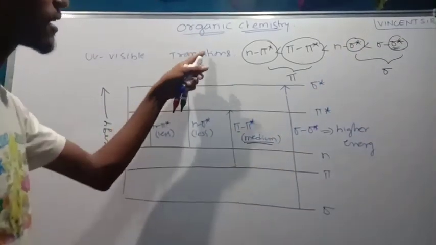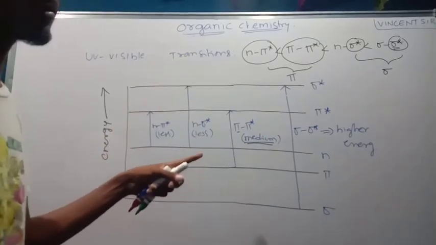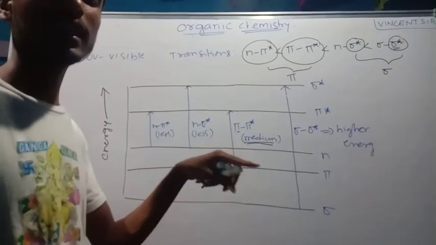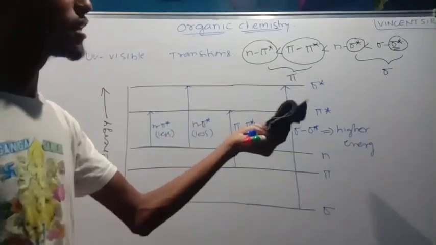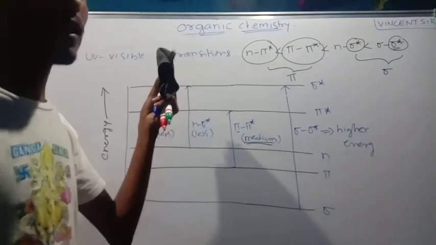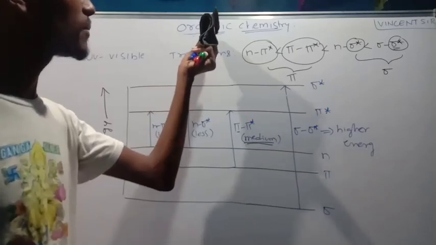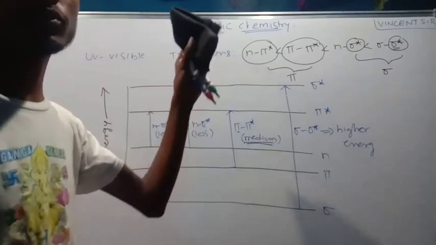Like this, the transition purely depends upon the atomic orbital arrangement in different groups, and that is the main principle involved, that is the main application of organic chemistry in pharmaceutical analysis.